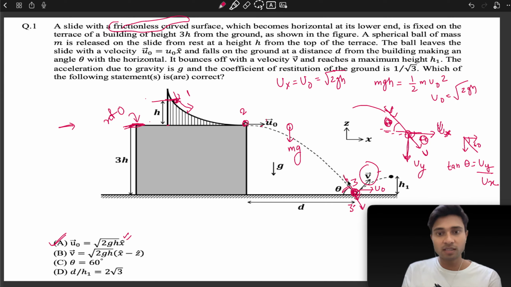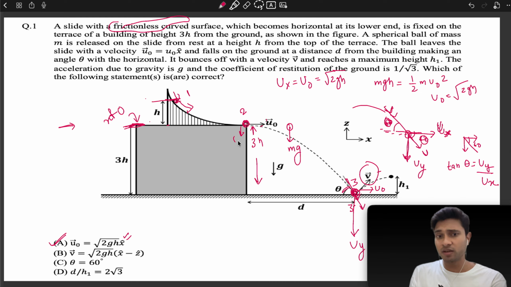Now let's see what is uy. If I see, this distance was 3h. Initial velocity in this direction was 0 because it was completely horizontal. Height is 3h.